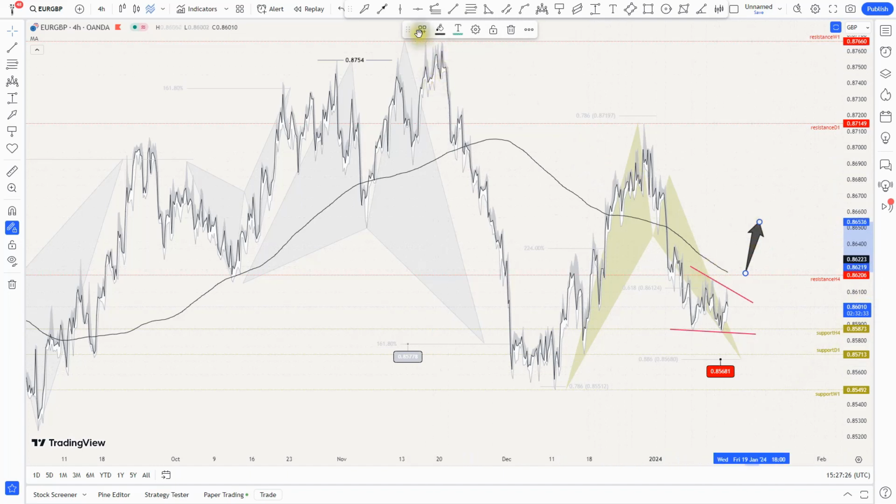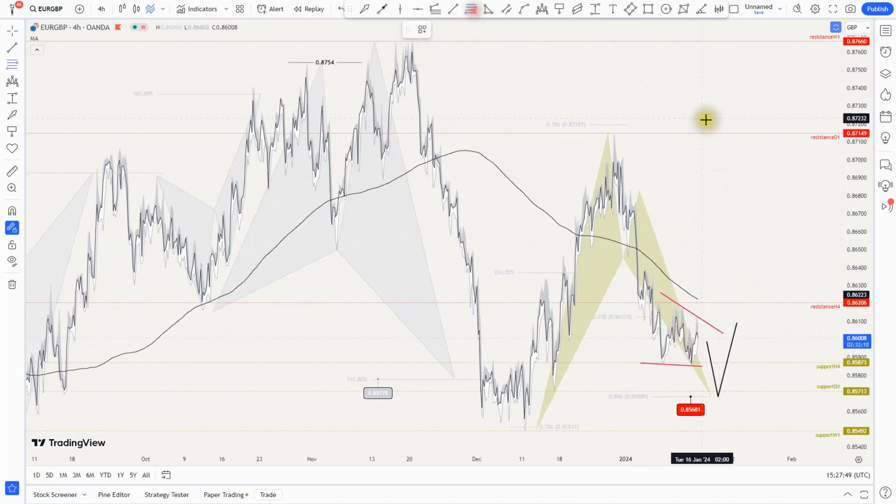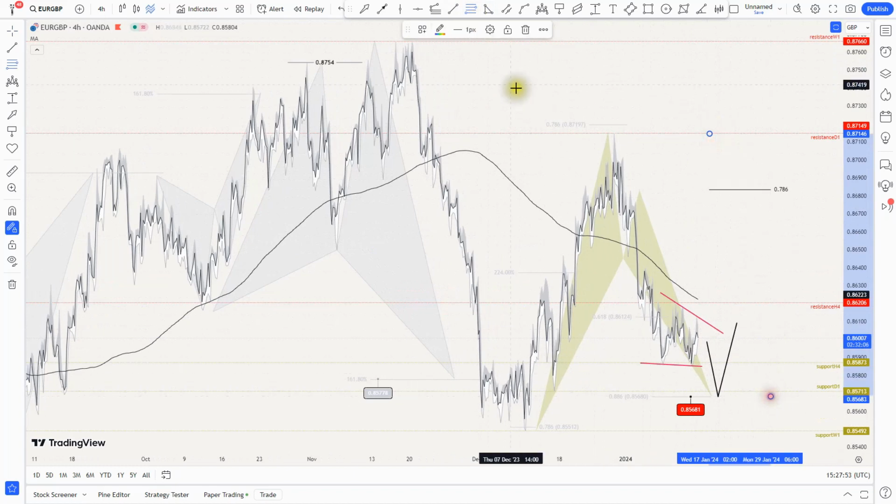Only a recovery above these levels may trigger moves to the upside. One of the patterns that I'm waiting for is a bullish bat pattern projected at 85.68. That implies a new lower low. So I will wait for that pattern in order to then try to take advantage of a move to the upside. And that completes basically what I want to share for this week.